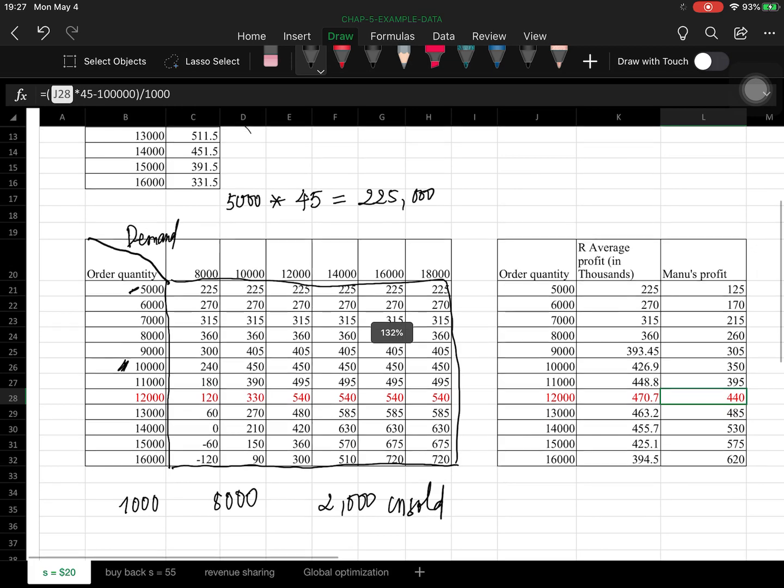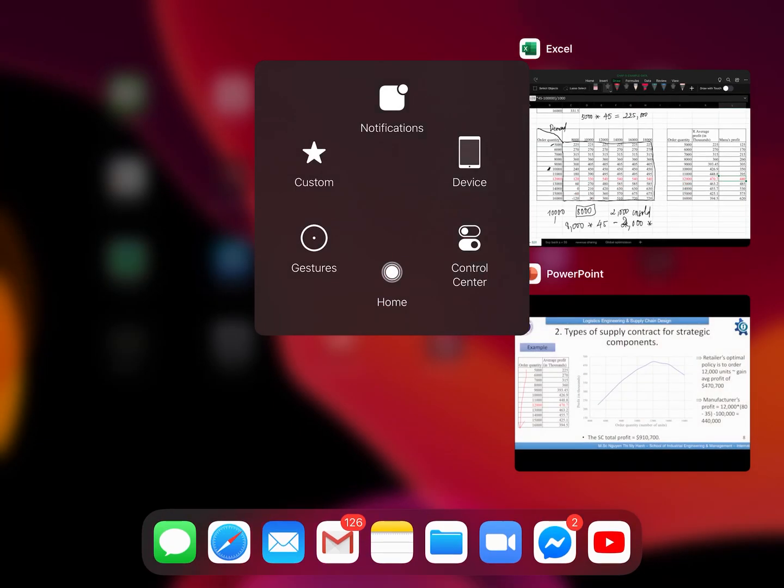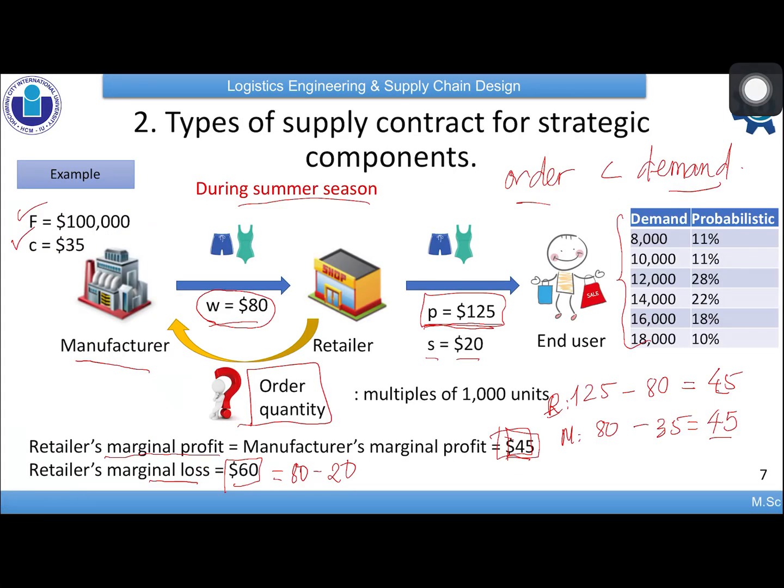So the profit they will get will equal to 8,000, because they sell the demand of 8,000, multiplied by 45, minus 2,000 multiplied by the loss, which is 60.